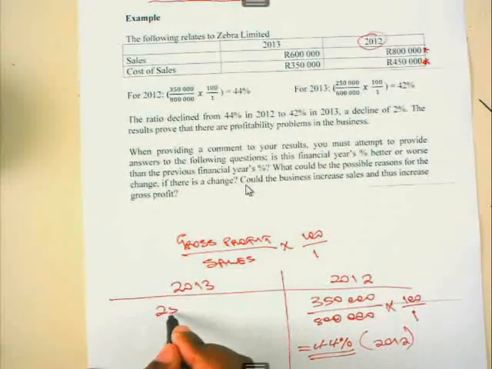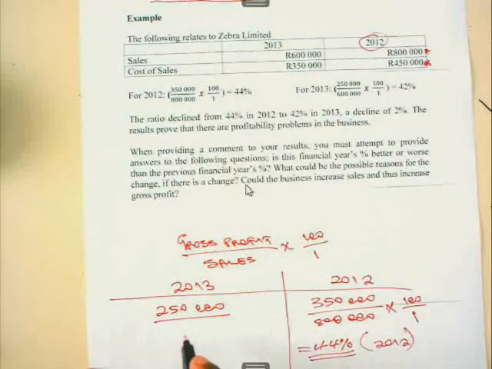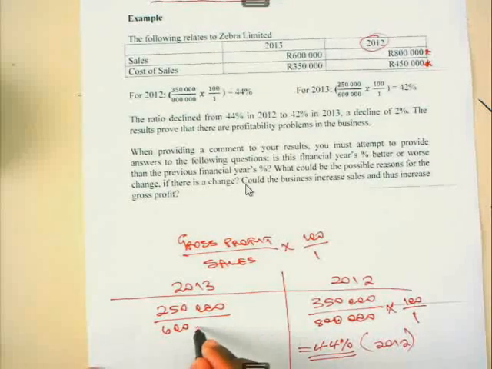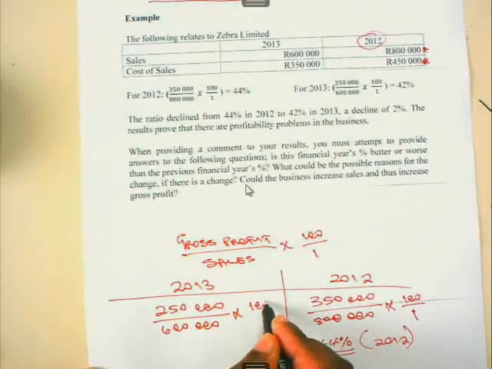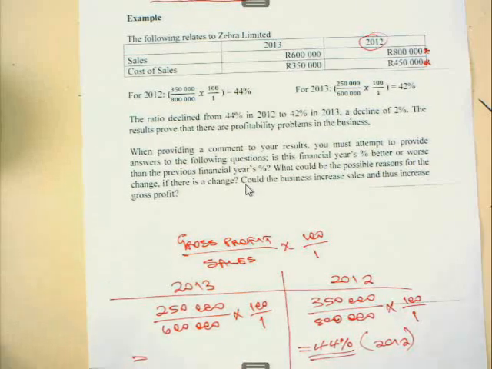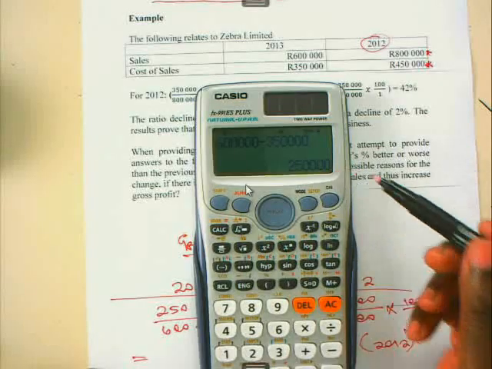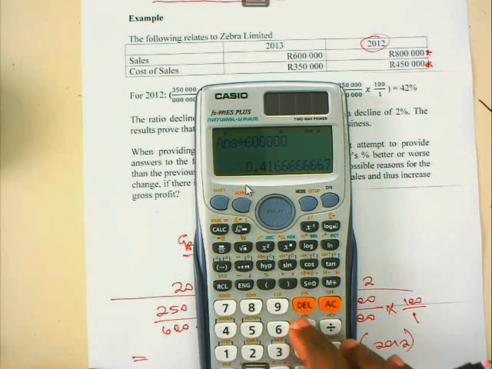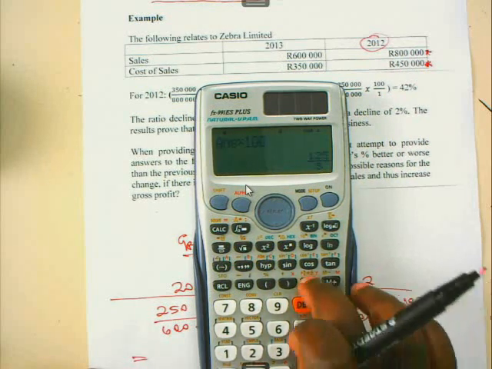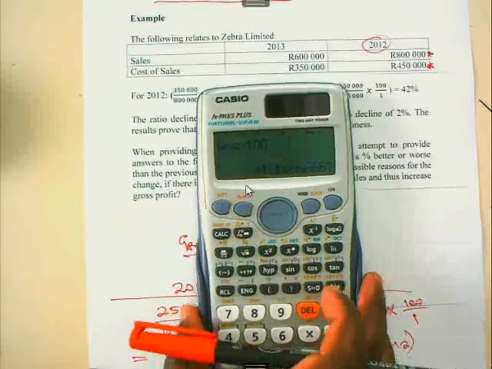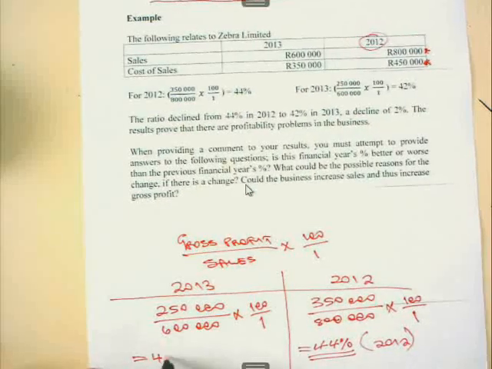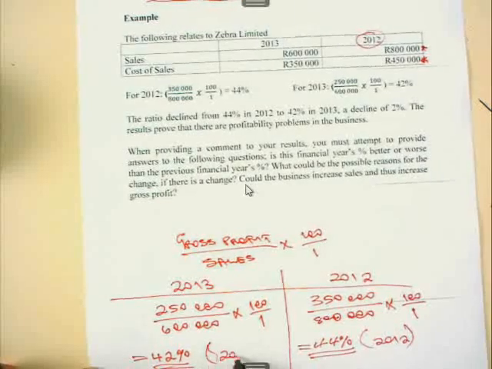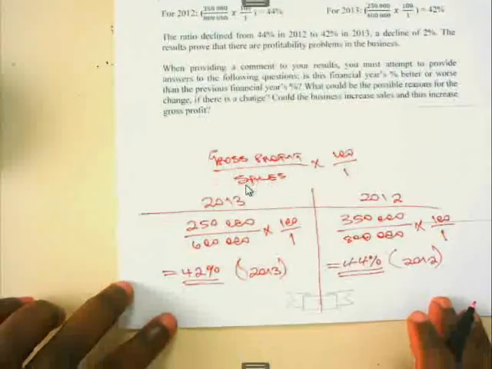Then it will be 250,000 as our gross profit over our sales of 600,000, multiplied by 100 over 1. It gives us 41.6%, which we round off to 42%. This is for 2013.